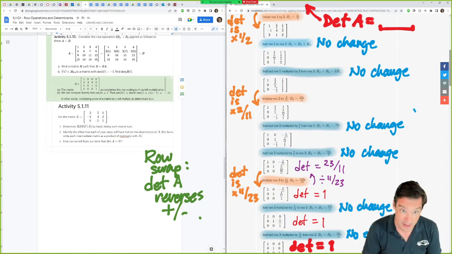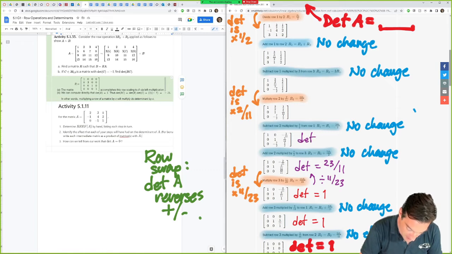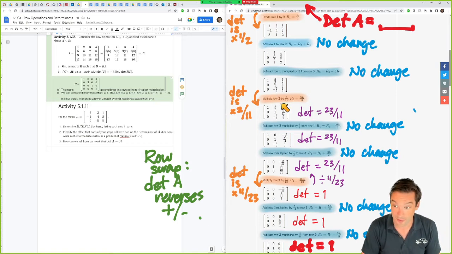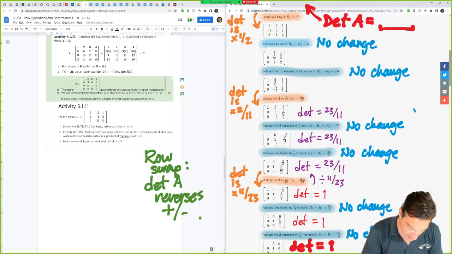As I say, clunky, right? We're going to go back another step. There was no change here, so we're going to keep that same determinant, 23/11. There was no change in the previous step, so that determinant is 23/11. Okay, and now we've encountered another step where the determinant does change. Instead of multiplying by 2/11, because that's how we got here, I want to go backwards, dividing by 2/11.